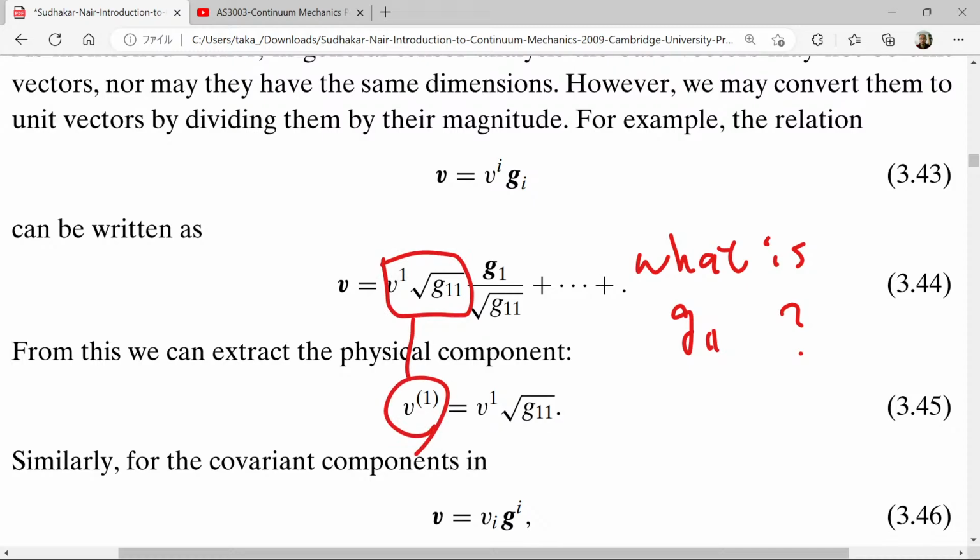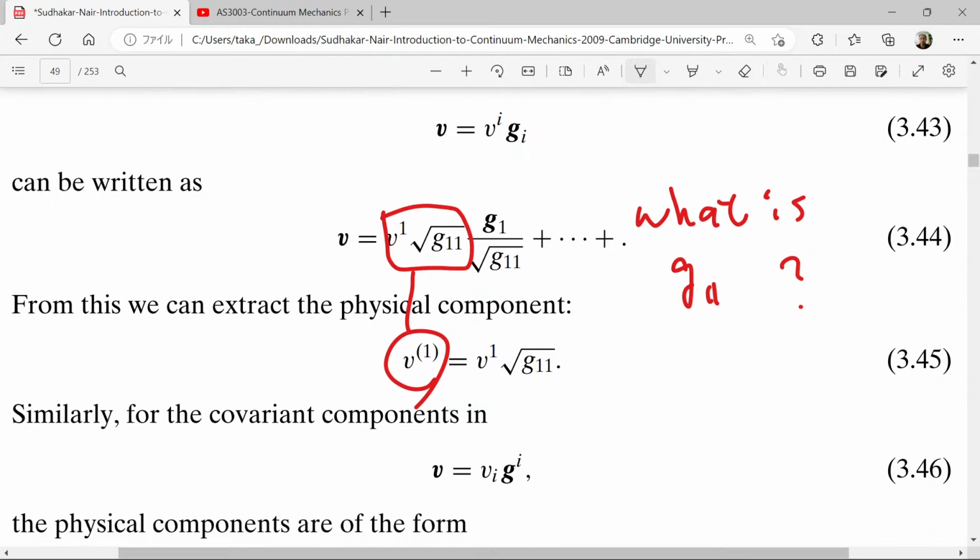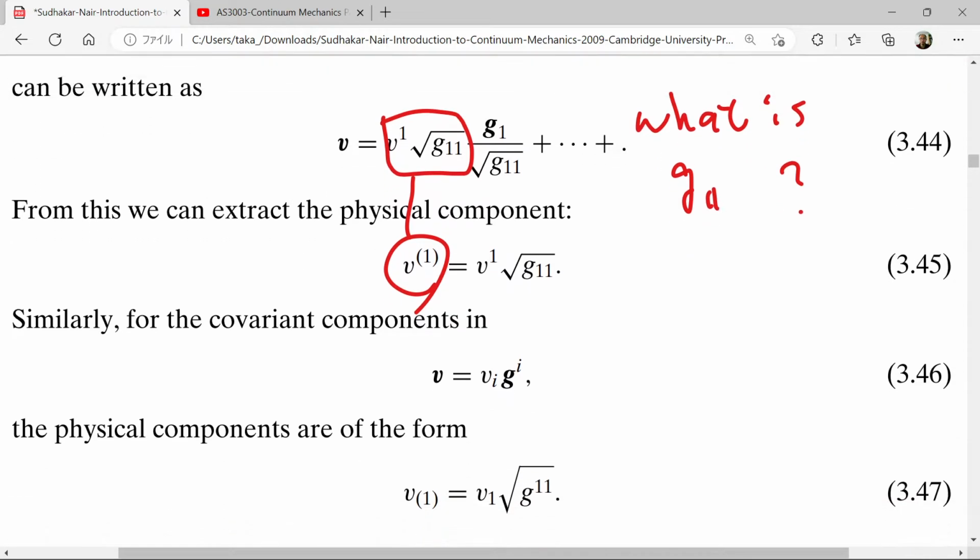Similarly, for the covariant components in this way, the physical components are of the form V1 downstairs is V1 times square root G11 upstairs.